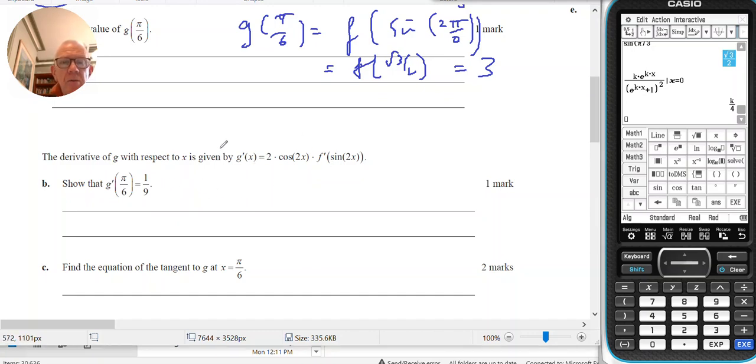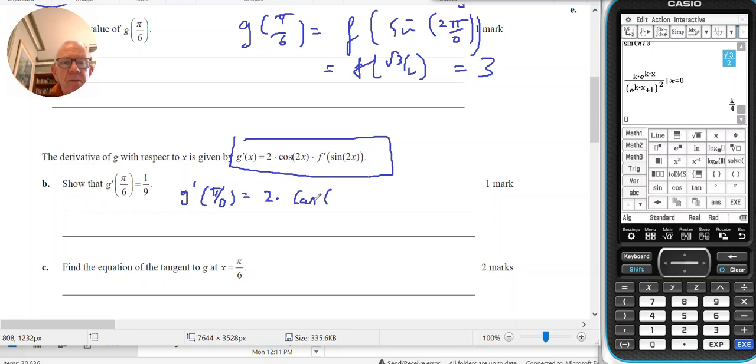Okay, so part B, show that g dash of pi on 6 is equal to 1/9. And I know that this is what g dash of x equals. So g dash of pi on 6 will equal 2 times the cos of 2 times pi on 6, which is pi on 3, times f dash of sine of 2x. F dash of sine of 2x is the derivative of f of sine of 2x.